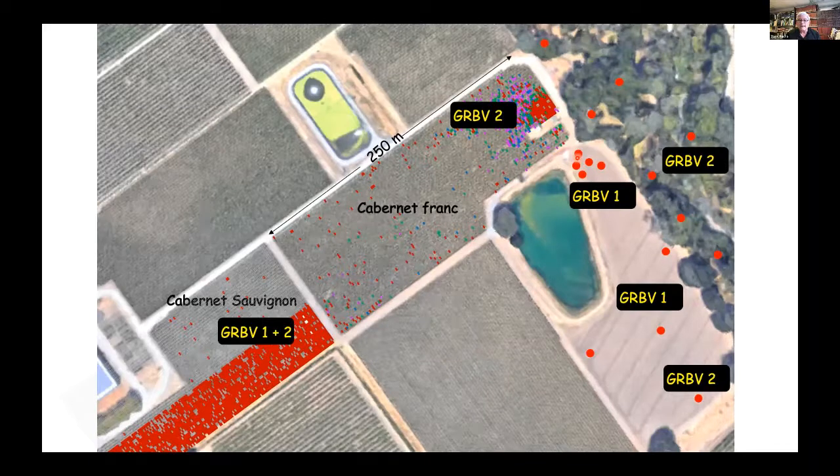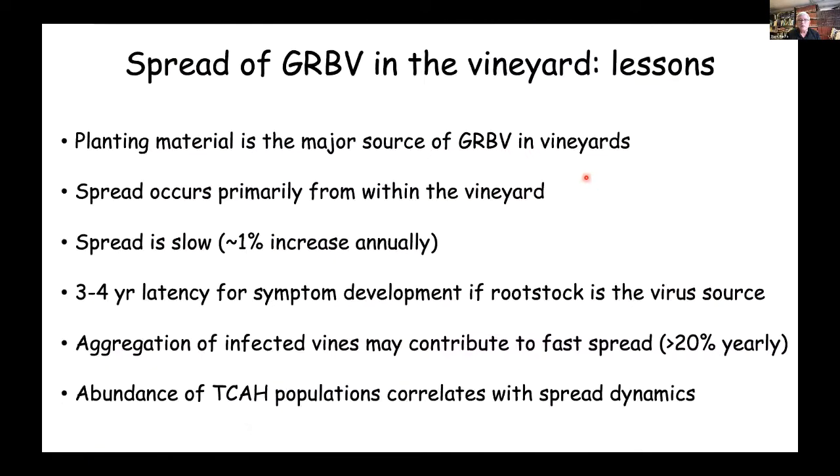So what does this indicate? How can we explain the provenance of strain 1 in an area that is surrounded by strain 2? Again, the planting material. Although this material was certified Protocol 2010 derived, it was infected with red blotch 1. So what did we learn by doing some monitoring over time in these 3 blocks?